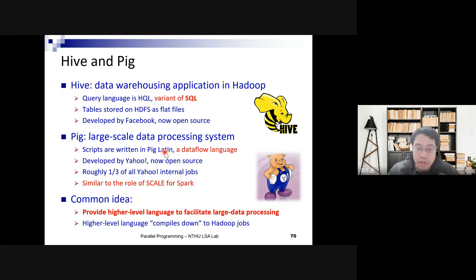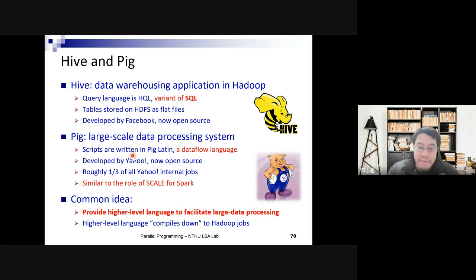We will see an example of Pig, but you can tell that the way you write it is a script language, and it also tries to describe the process based on the data flow. This is also very well known for data analytic jobs.